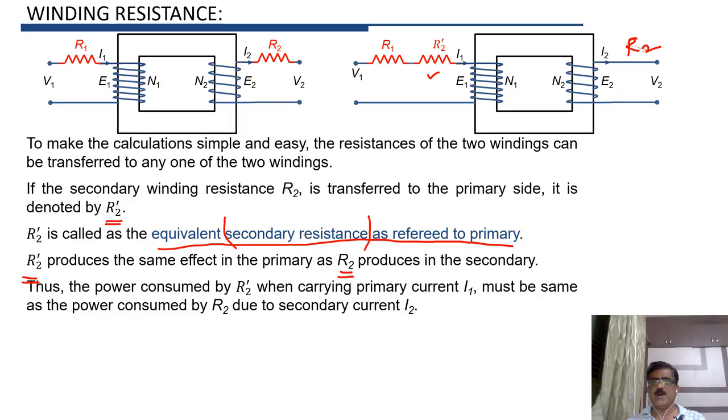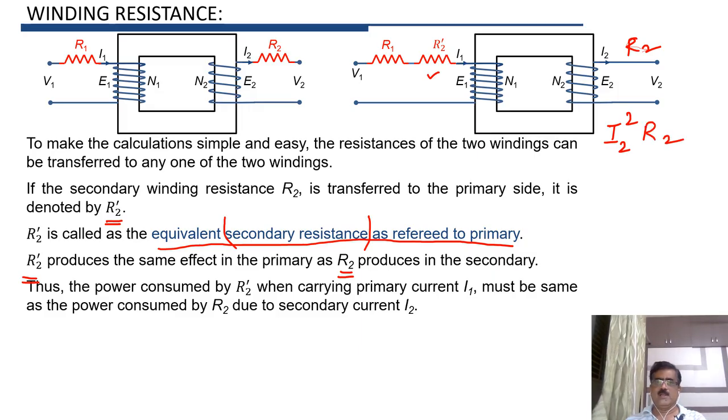What is the power loss produced by R2? You know that power loss is I square into R. Here the current is I2 and the resistance is R2, so power loss produced by R2 will be I2 square into R2.